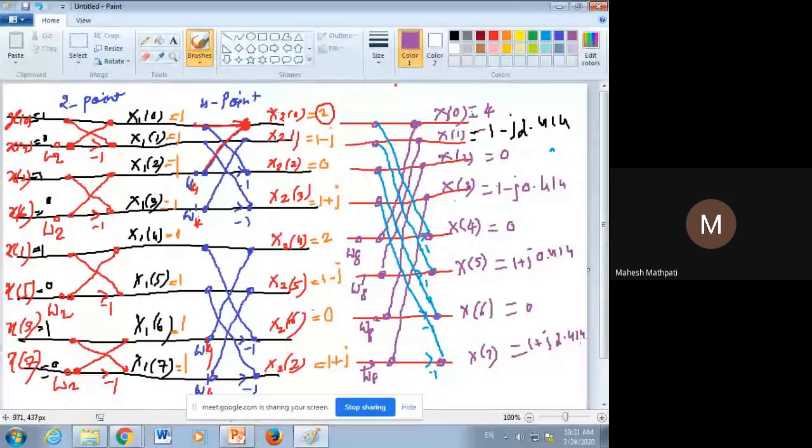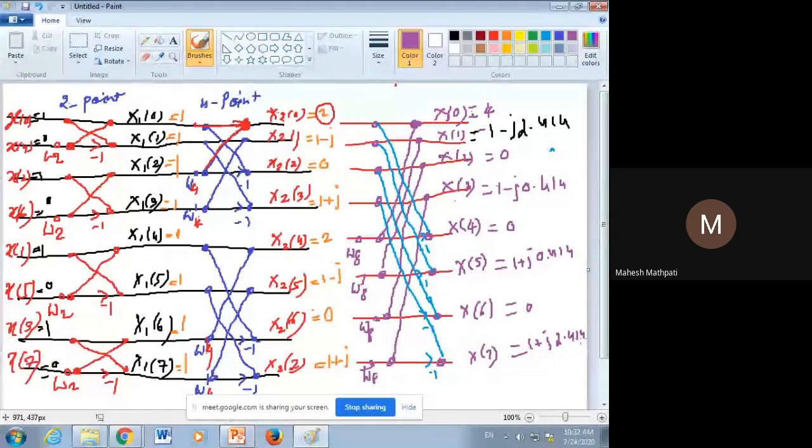Take the question. Compute the 4-point DFT of the sequence x of n equals 1 0 1 0 using DIT FFT radix 2 algorithm.